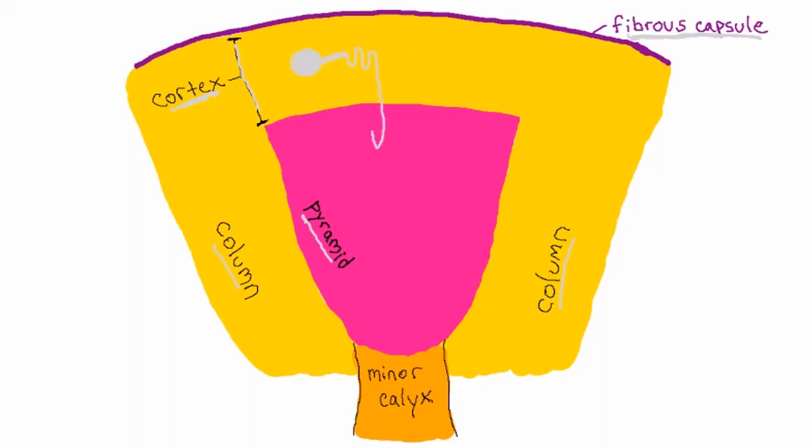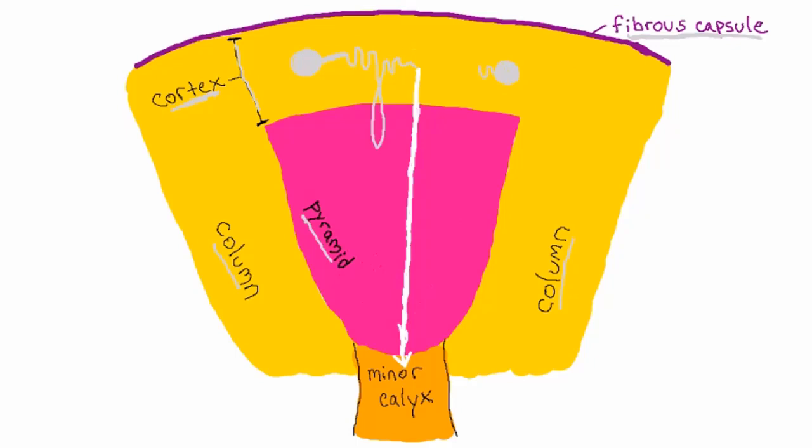It goes down, does a little loop, and then it comes back up, does another little convolution, and it empties into the collecting duct, this duct here, that goes all the way down through the pyramid and empties out into the minor calyx. And then, as I was showing you on the other picture, there's the other kind of nephron, the juxtamedullary nephron, which starts the same way with the renal corpuscle.